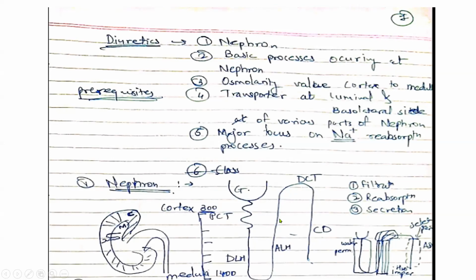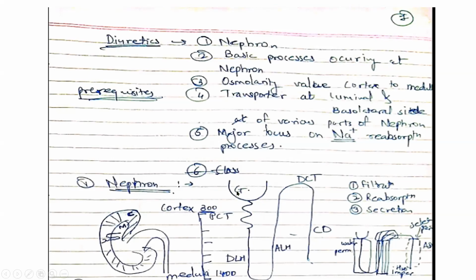A very simple example: a lot of sodium, almost everything, gets filtered and enters the renal tubule. But can you afford to lose it? No. So you need to take it back into blood. That is reabsorption.